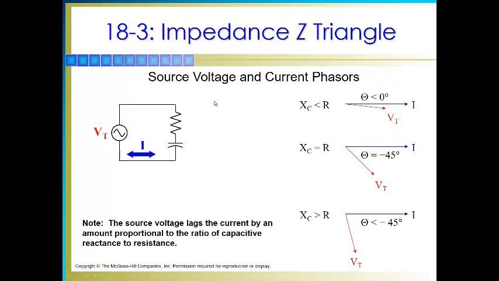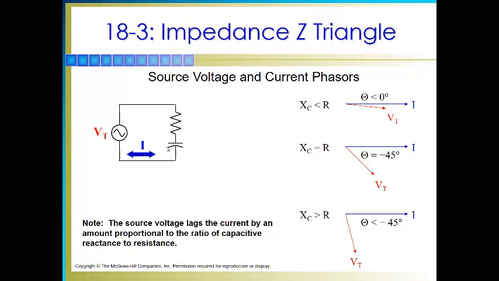All right. So now let's see what is the behavior of the angles between the total voltage and the current on a circuit that is an RC circuit, R for resistor, C for capacitor.